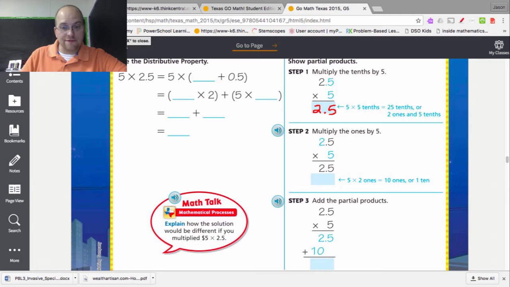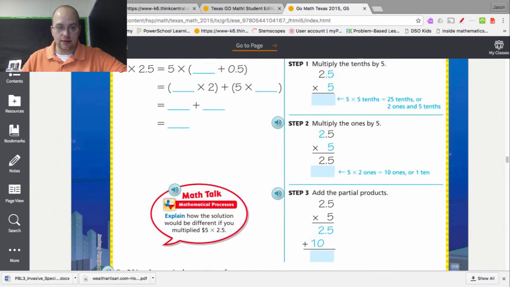Now we need to multiply 5 times 2, which is 10, and 0/10. So that lines up, and we can add those together, and we get 5 here, decimal here, and 12 here. So see, it's just the same problem multiplied a different way.